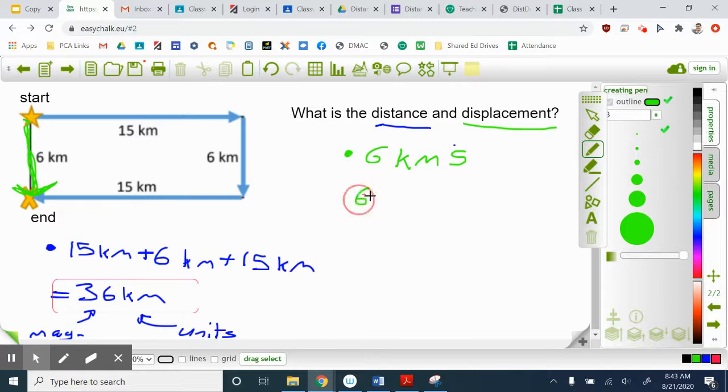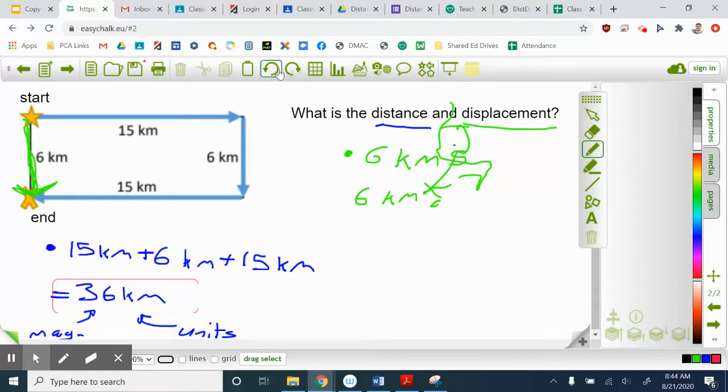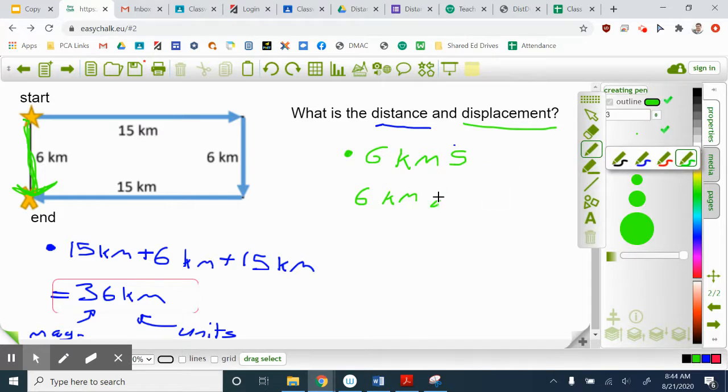Or another answer could be 6 kilometers downward. Down is a direction. Okay? Both of these are acceptable answers.